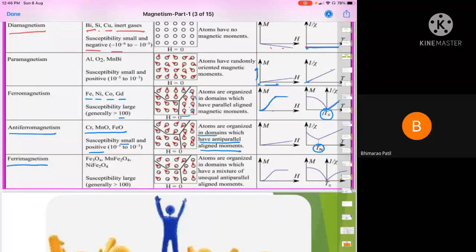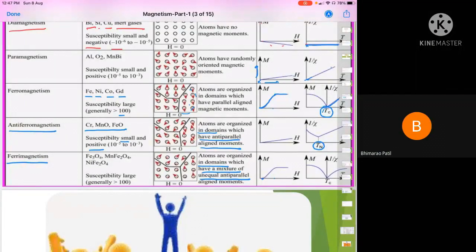Atoms are organized in a domain which has a mixture of unequal antiparallel aligned magnetic moments, like ferromagnetic substances. Here, if you plot the graph of magnetism versus the applied magnetic field, it shows higher magnetism, attracting strongly with the applied magnetic field, and at a certain applied magnetic field it becomes saturated, like a ferromagnetic substance.